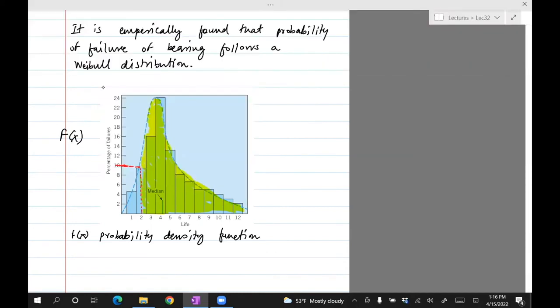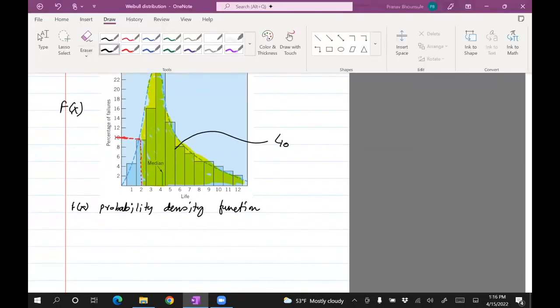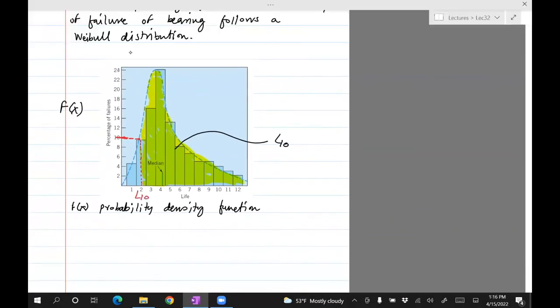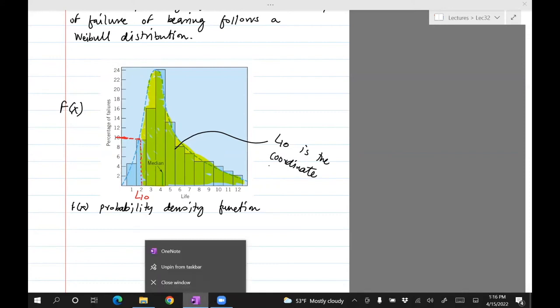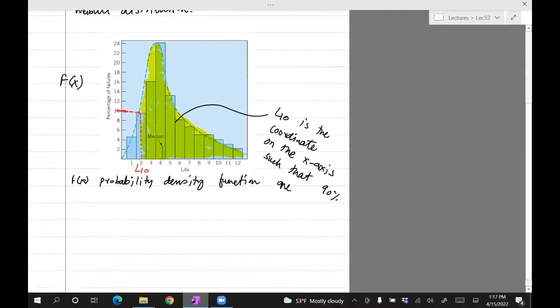So L10, this is the L10 coordinate, because L is life. So L10 is the coordinate on the x-axis such that 90% area is yellow, the one which I've just shaded.